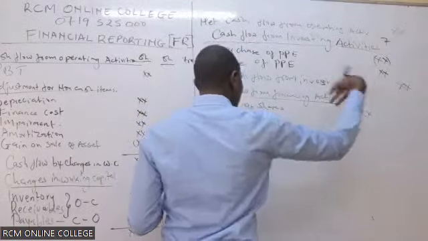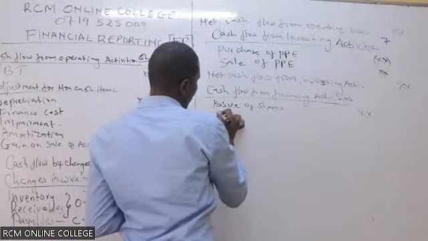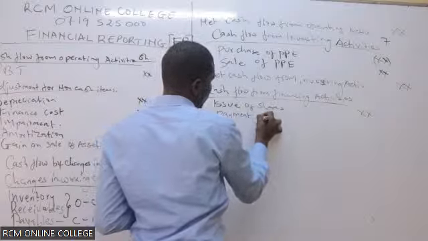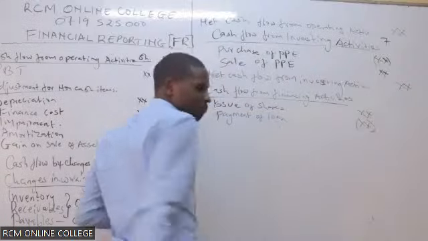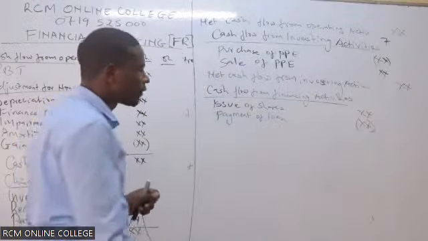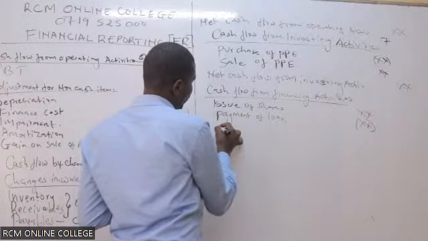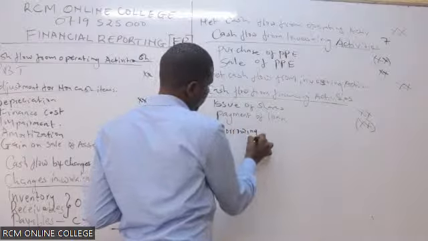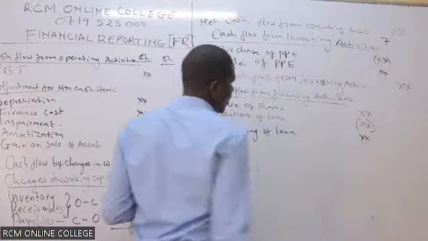When you issue share, pesa inaingia. Payment of loan paid. Ukilipa loan, pesa inatoka, inapungua. Unaona? Then you can have borrowing of loan. Ukiborrow loan, pesa inaingia, so that one you add.